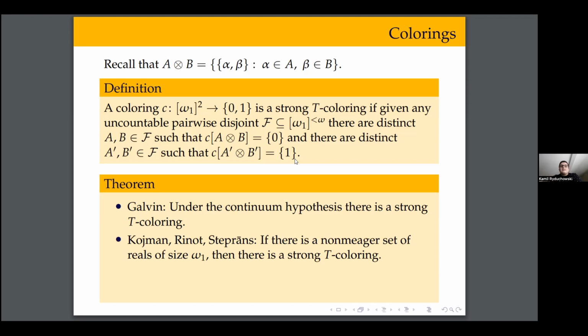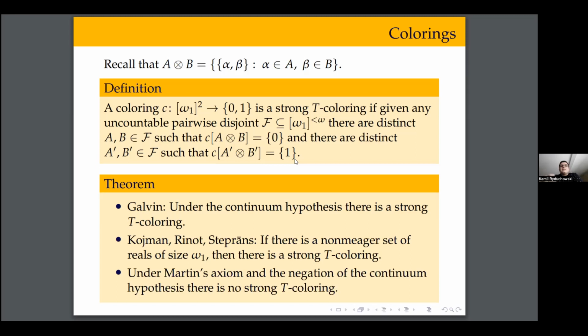And on the other hand, and I think it's folklore, under Martin's axiom and the negation of the continuum hypothesis, there is no strong T-coloring. So it is really consistent and only consistent.